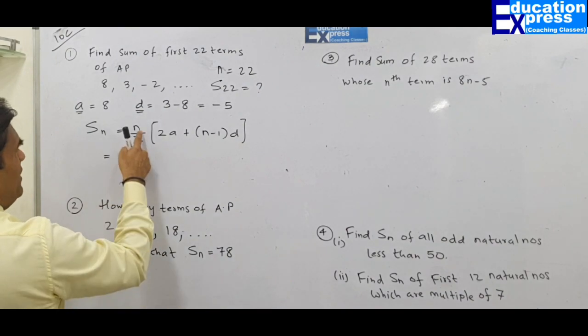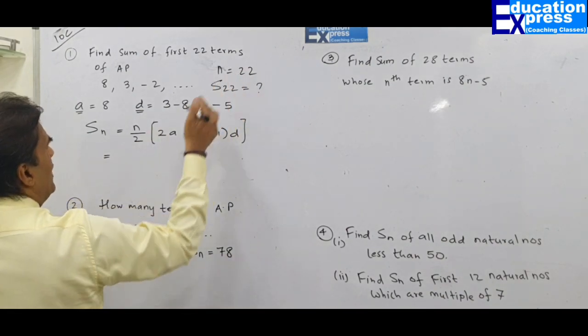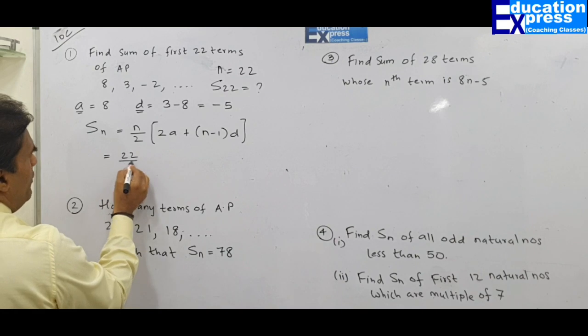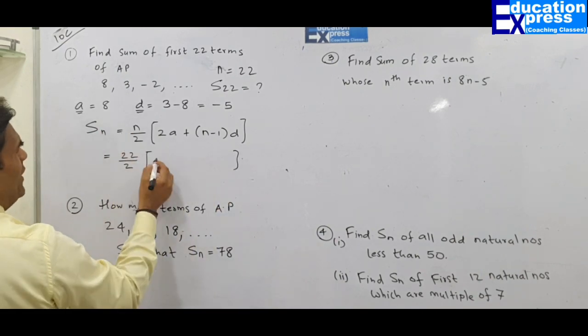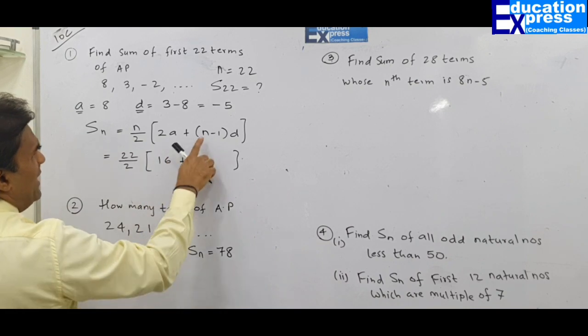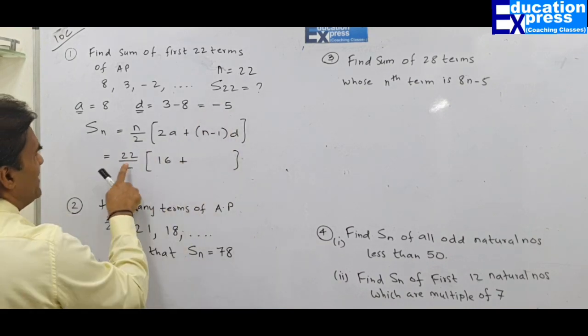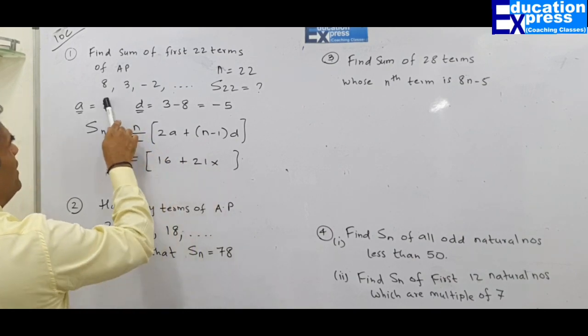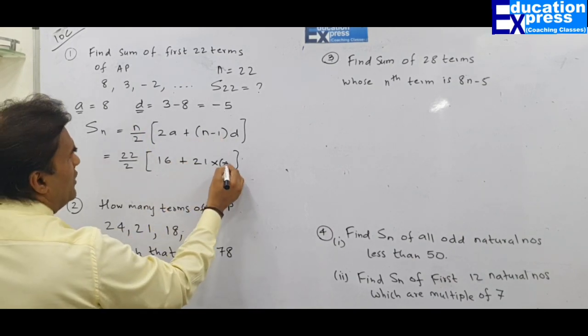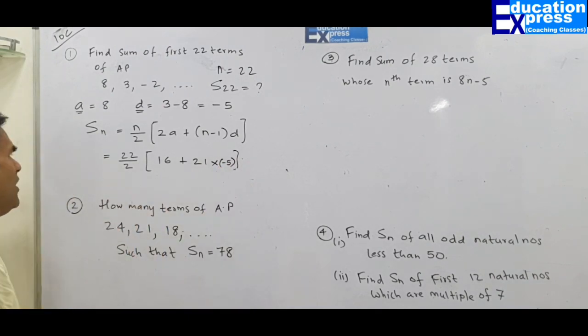So can anyone tell me what is n upon 2? N is 22. So 22 upon 2, square bracket, 2 into 8, 16, plus (22 minus 1), 21 into d. D is minus 5.